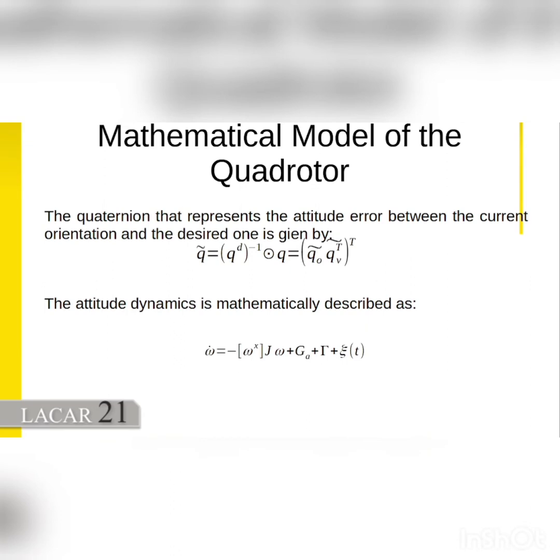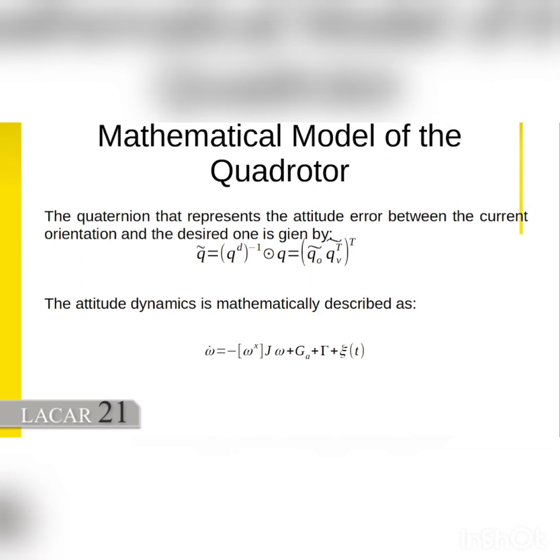Then, the quaternion that represents the attitude error between the current orientation and the desired one is given by the following equation. The attitude dynamics is mathematically described as the following equation.